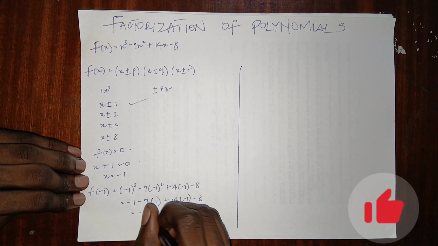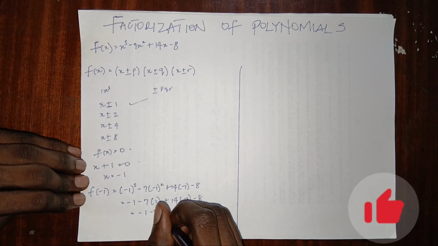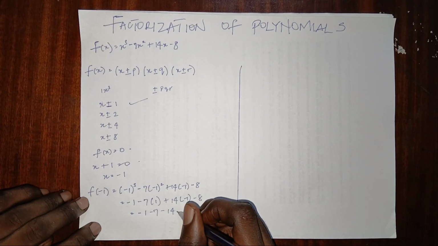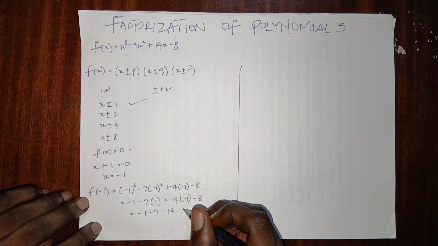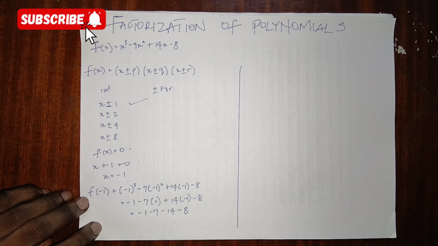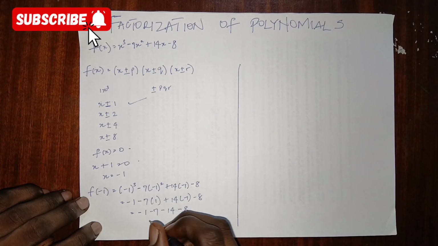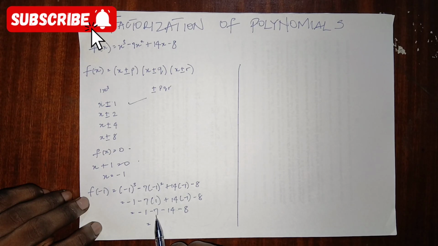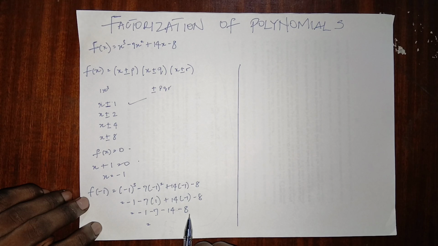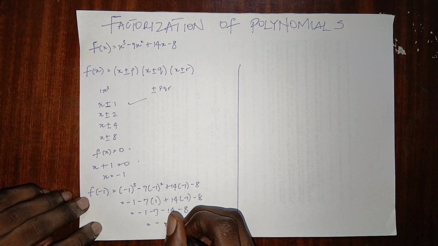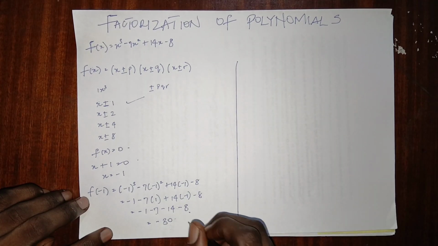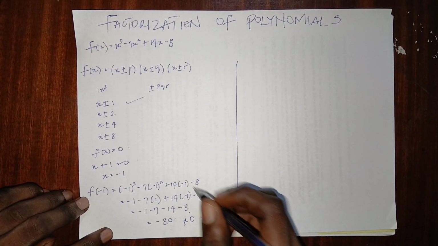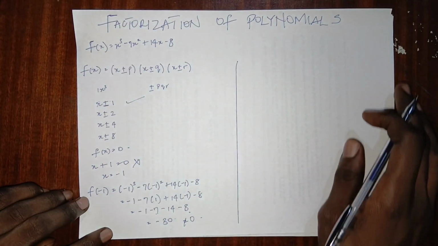So that gives minus 1, minus 11, minus 14, minus 8, total minus 34. So this is obviously not equal to 0. So x plus 1 is not a factor of this.